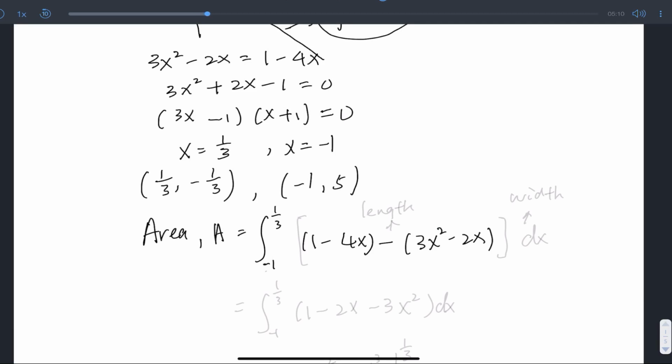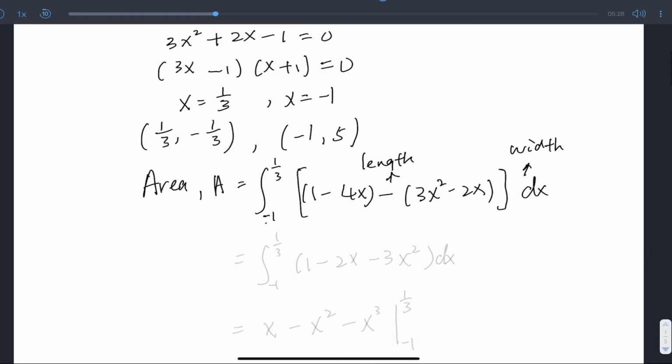This is the length and dx is the width. So length times width, from negative 1 to 1 over 3, and then you solve this integral.